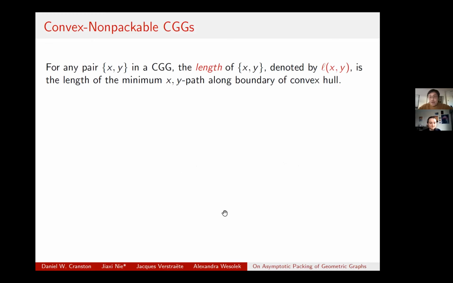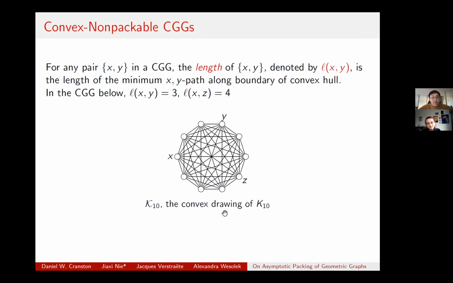Let me introduce more notions. For any pair X and Y in a CGG, the length of this pair, denoted by L of XY, is the length of the minimum XY path along the boundary of the convex hull.